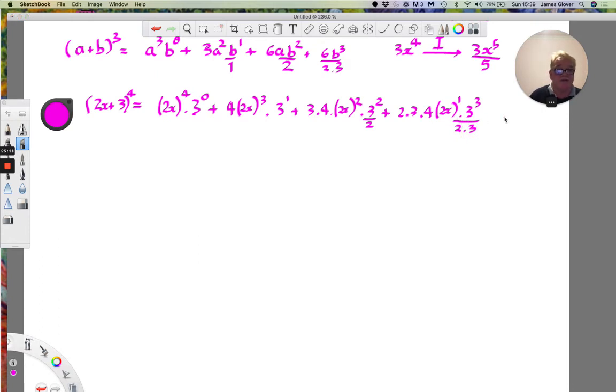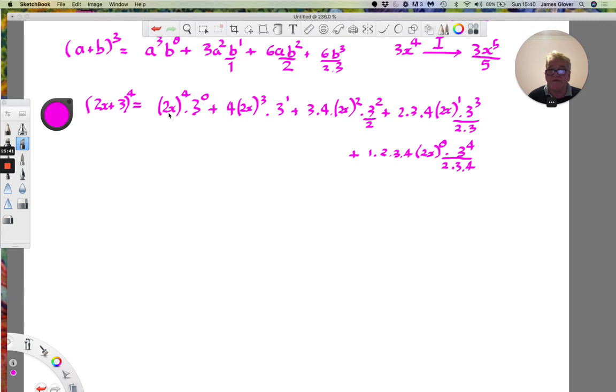And then finally, plus, differentiate the first term, we get 1 times 2 times 3 times 4 times (2x) to the power of 0 times 3 to the power of 4 over 2 times 3 times 4. And then what we have to do is simplify all this.